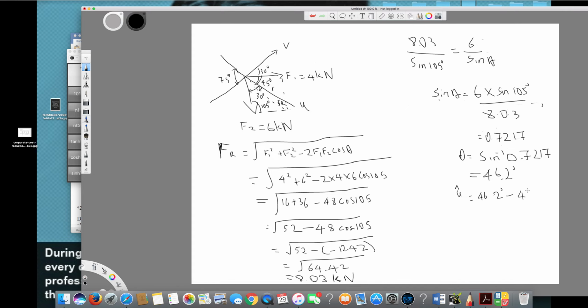It's going to be 1.2 degrees. That gives us the angle between U and the resultant force. We are not done yet. We have two more questions.